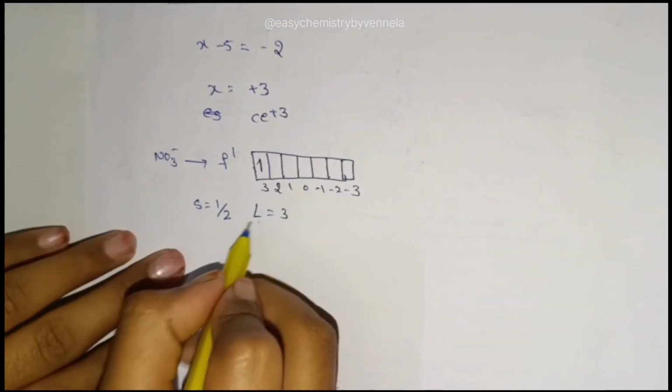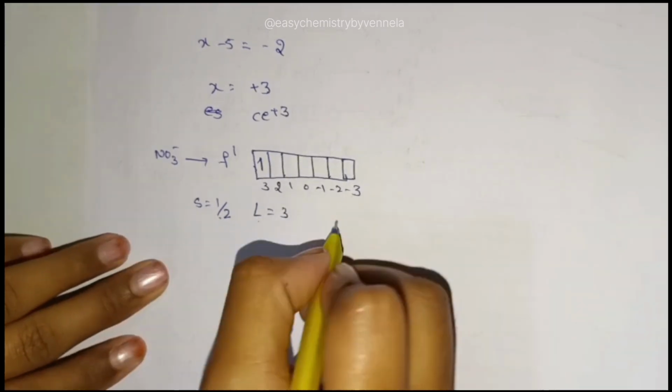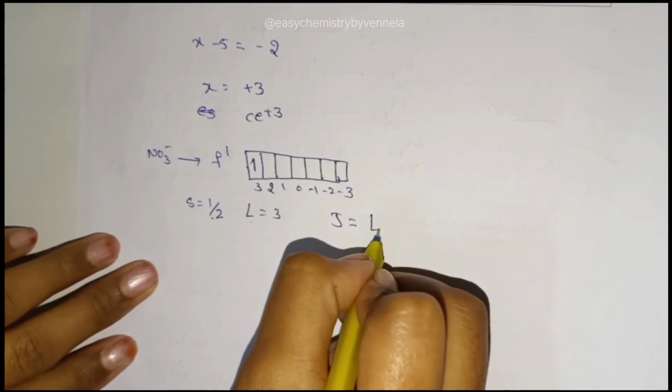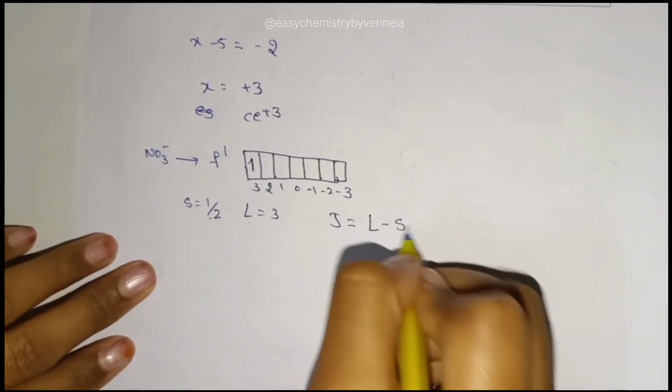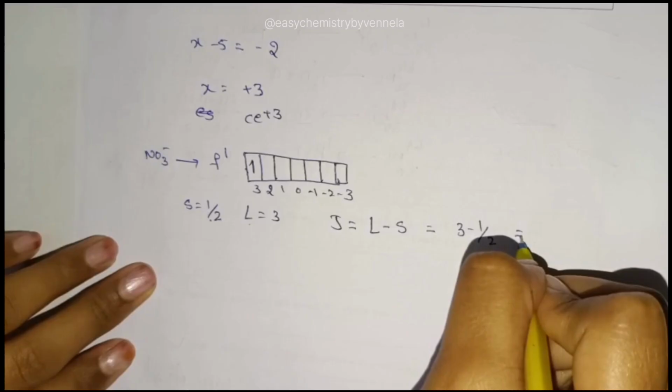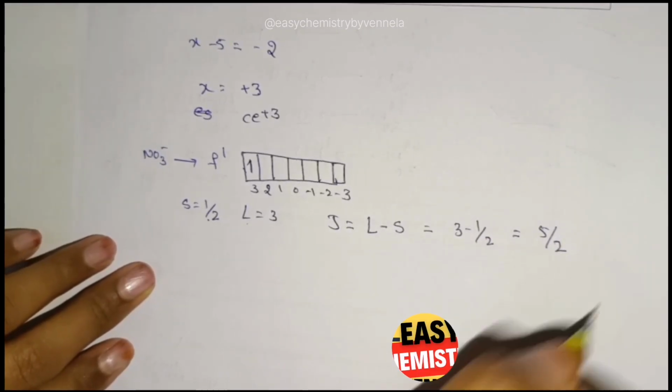L is equal to 3, S is equal to 1 by 2. This means J is equal to L minus S, that is 3 minus 1 by 2, which is equal to 5 by 2.